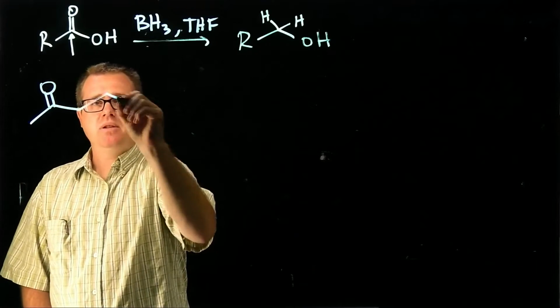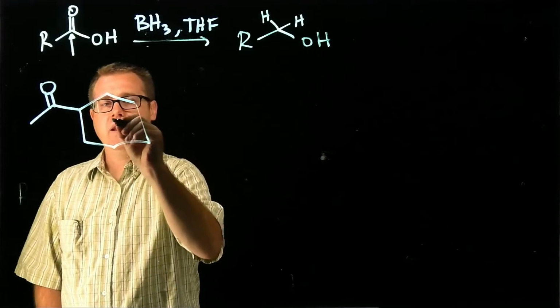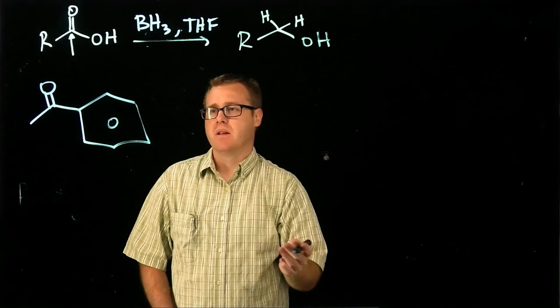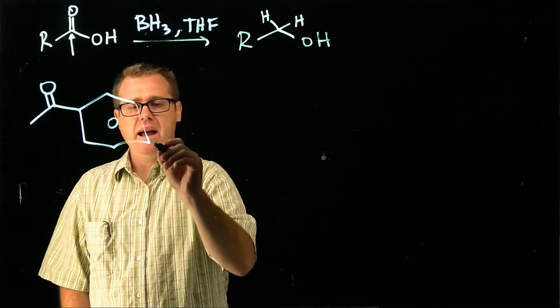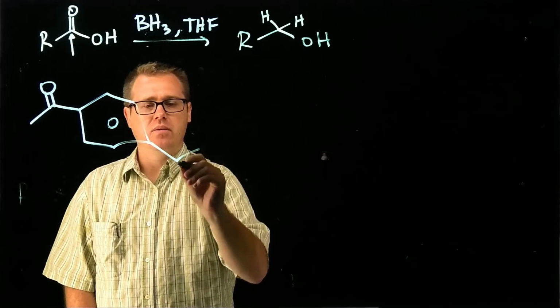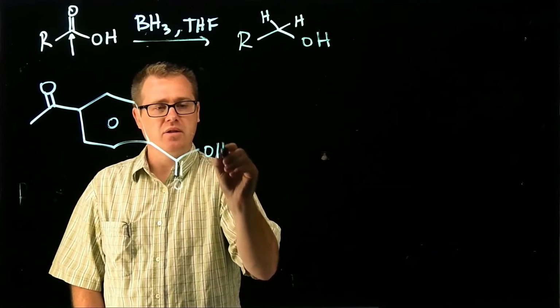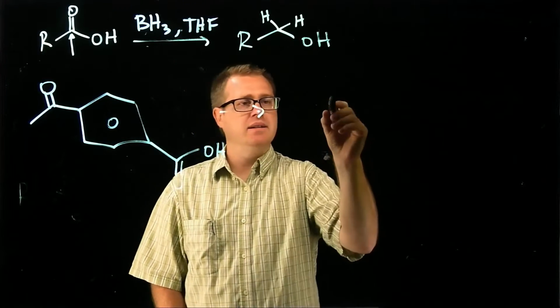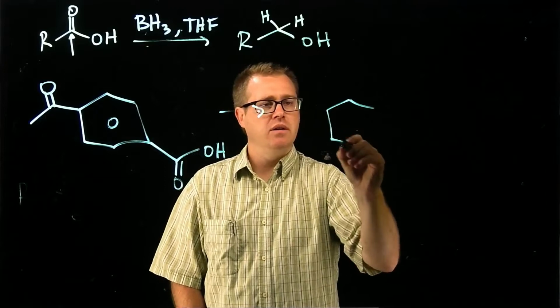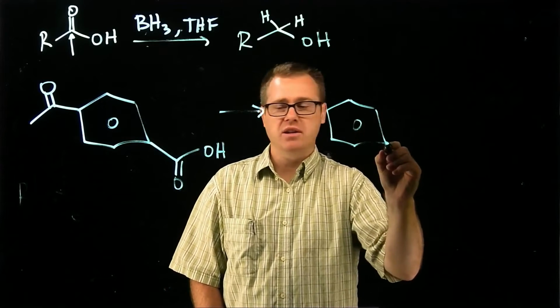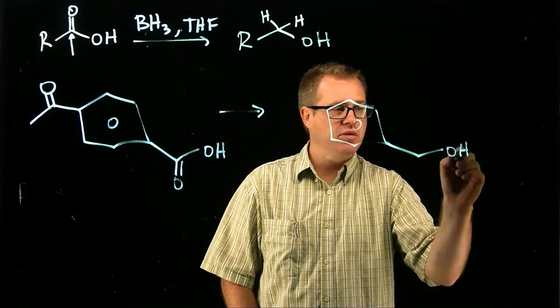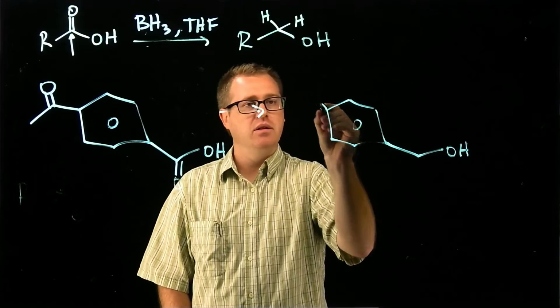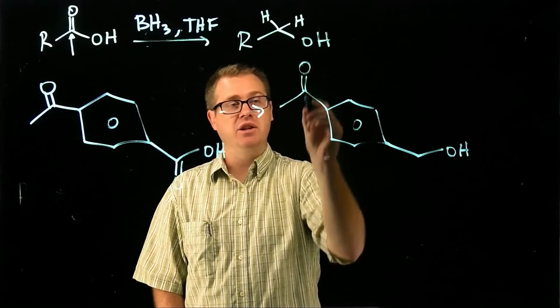And that ketone is attached to a benzene ring. But we also have a carboxylic acid over here. And our game plan is that we want to reduce just the carboxylic acid into a primary alcohol, but still keep the ketone.